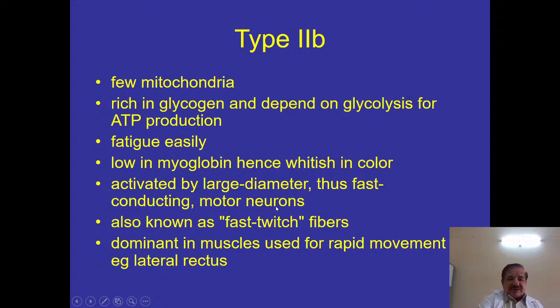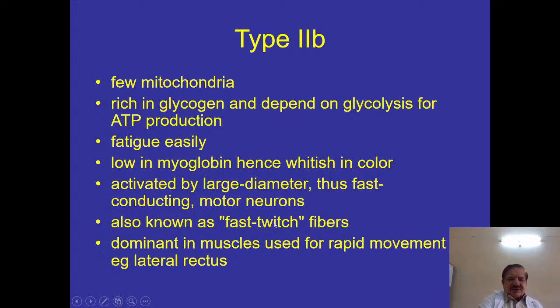Activated by large diameter, thus fast. Any fiber having a large diameter goes fast, as we have seen even in the nerve, the large diameter goes very fast. That is, you have fast conduction, and motor neurons are also large.